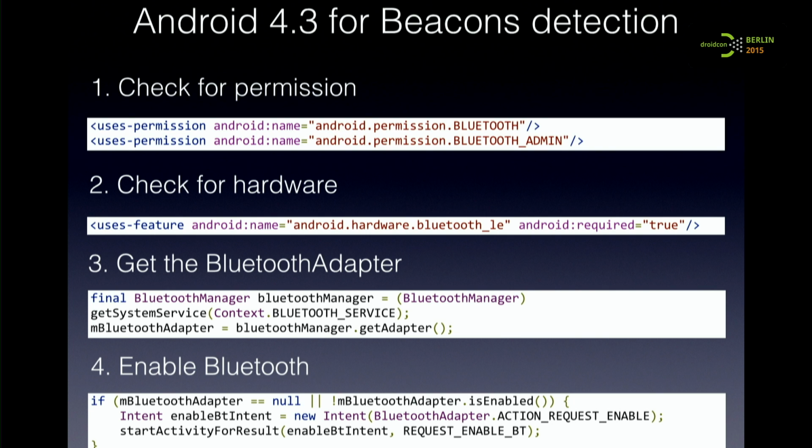Then you need to check if Bluetooth is enabled, and if not, you need to enable it by showing an activity for result, and show users that we need to enable Bluetooth.